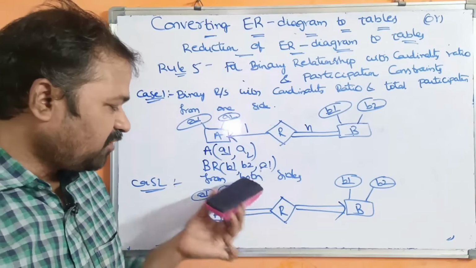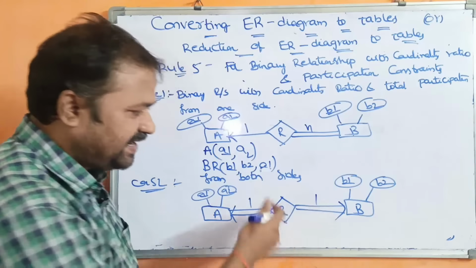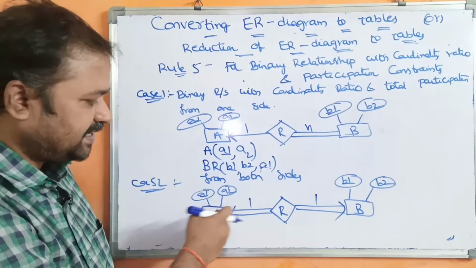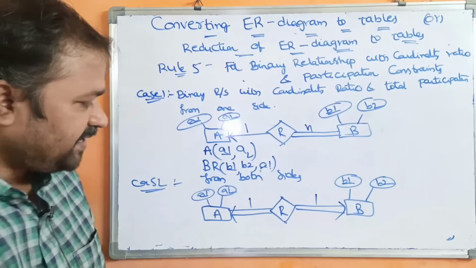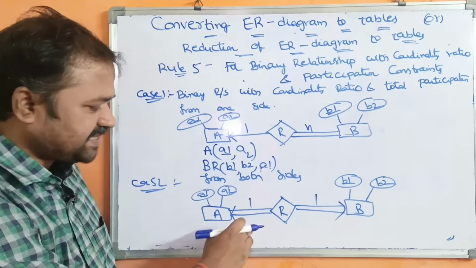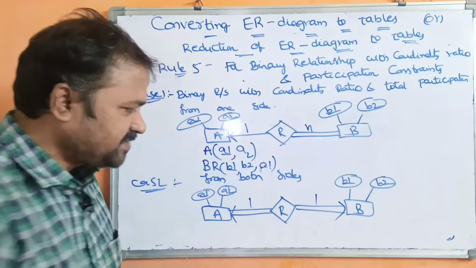Now let us see if participation is from both sides. Here we are following a 1-to-1 relationship, because the arrow is towards A as well as towards B. But here the total participation is from both sides, because we have two lines from this side as well as from this side.